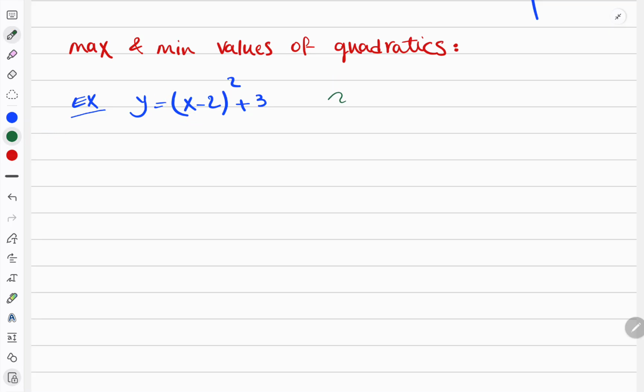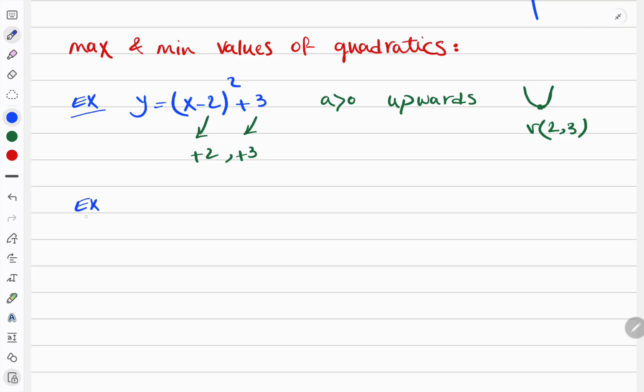And because a is a positive value, this graph opens upwards. Something like that. So if we found the vertex, and the vertex is here, positive 2 and positive 3, at this point the function is a minimum because this point is the lowest point in this function.